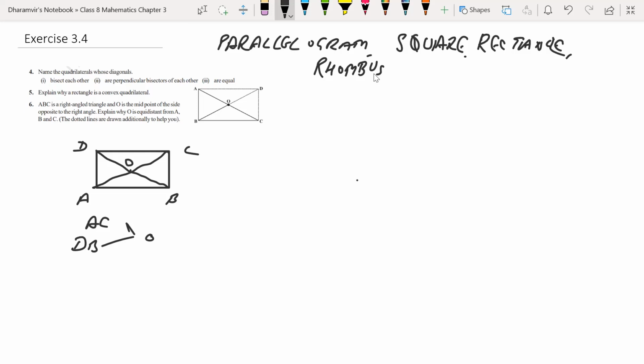Parallelogram, square, rectangle, and rhombus: the diagonals of all these bisect each other.